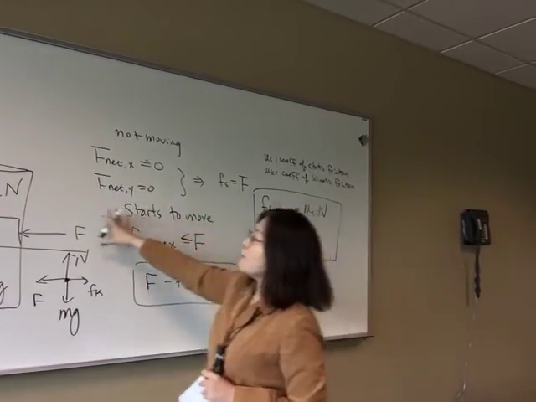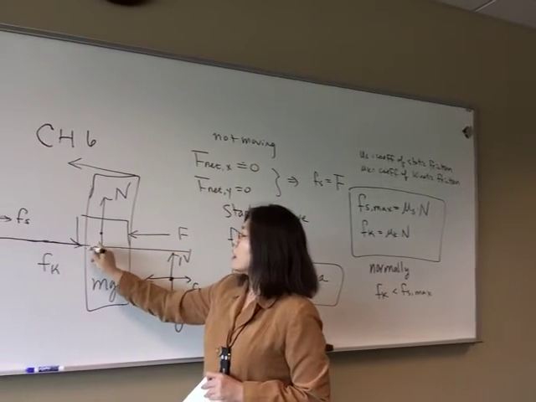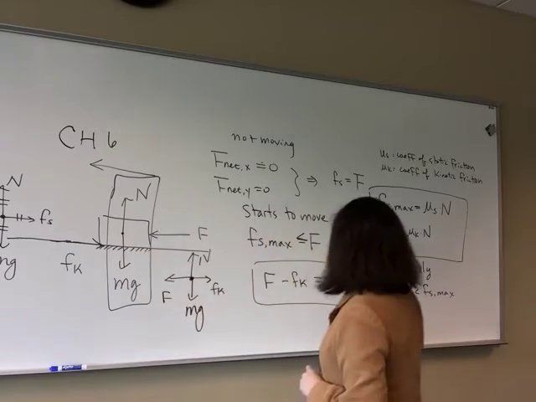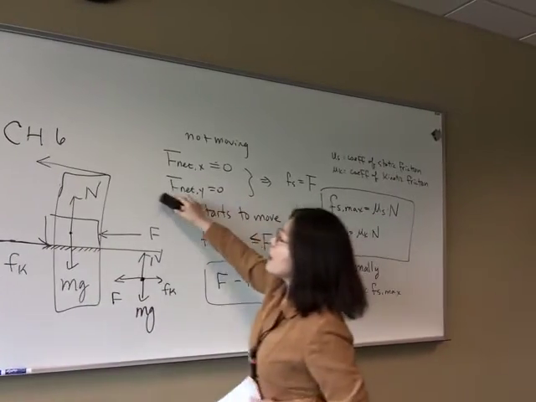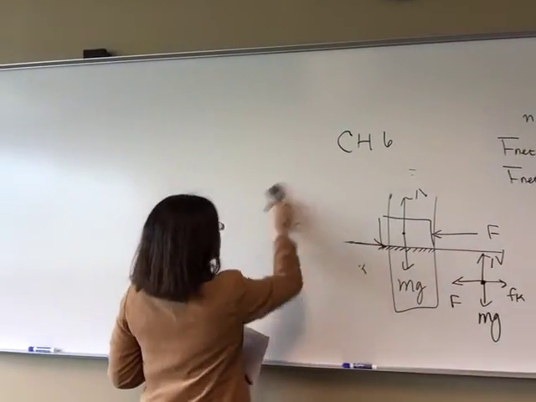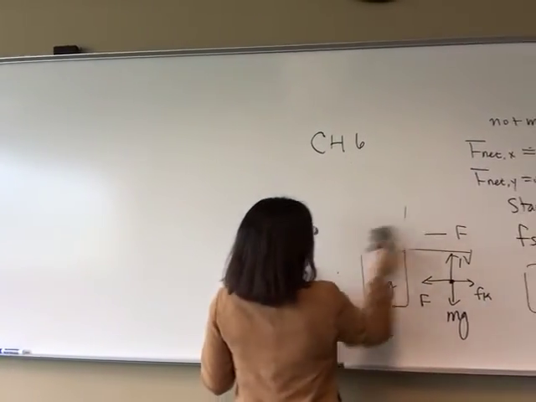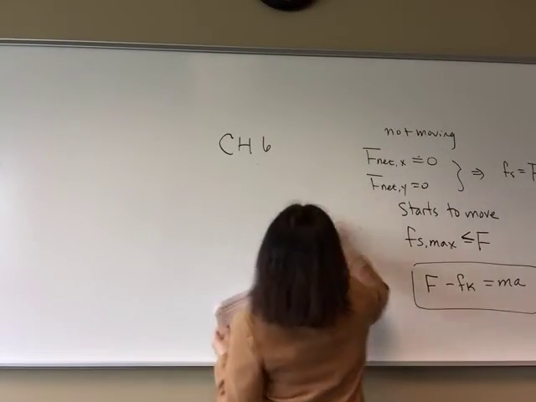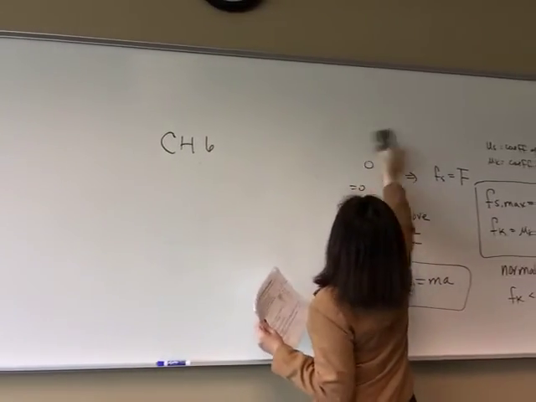This kind of friction comes from the contact between surfaces, which we experience every day. There's another kind of friction that is also common, and we call that the drag force. So what is drag force?